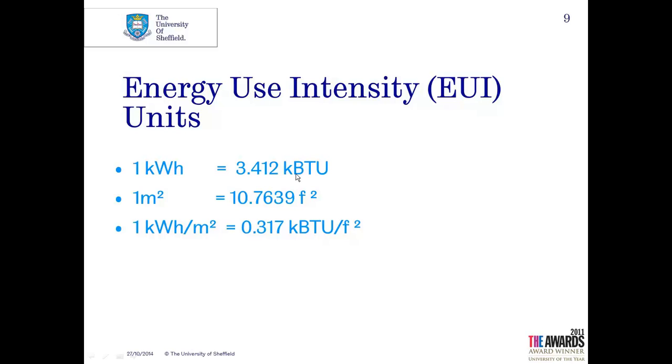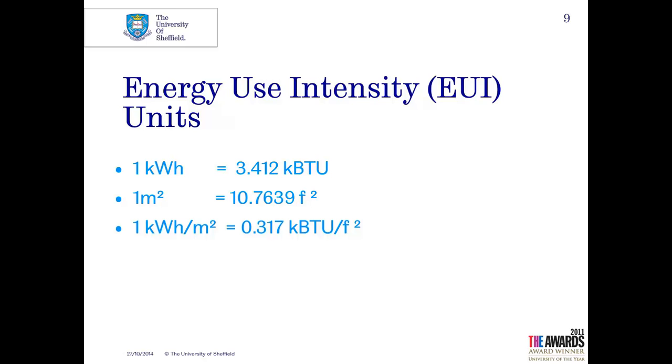Okay. Now, a kilo British thermal unit, we've mentioned before, is this slightly odd unit which is still used in the United States. And that's another unit of energy, but it's not a metric unit. So in Europe, we don't use that anymore, even though it's called a British thermal unit. Okay, and that's the conversion factor. A square meter to a square foot, quite obvious.